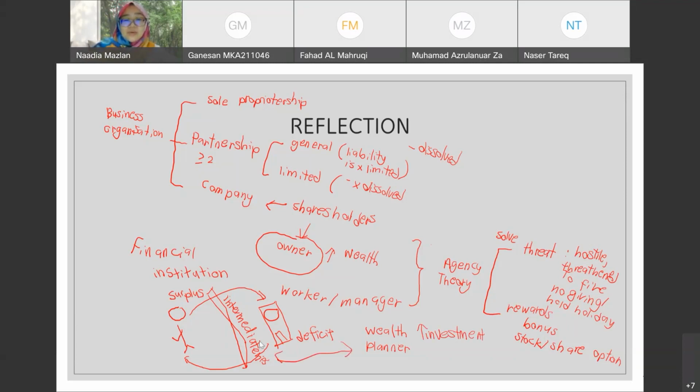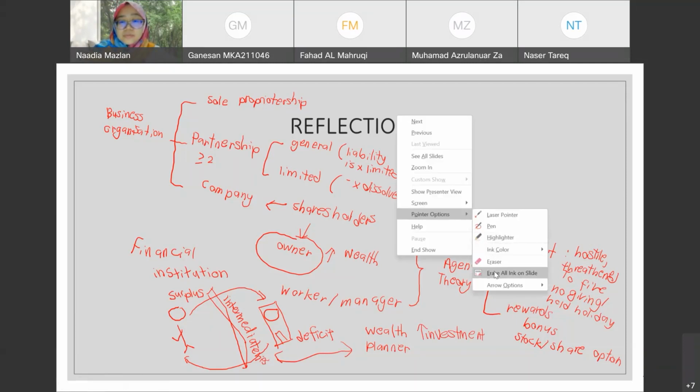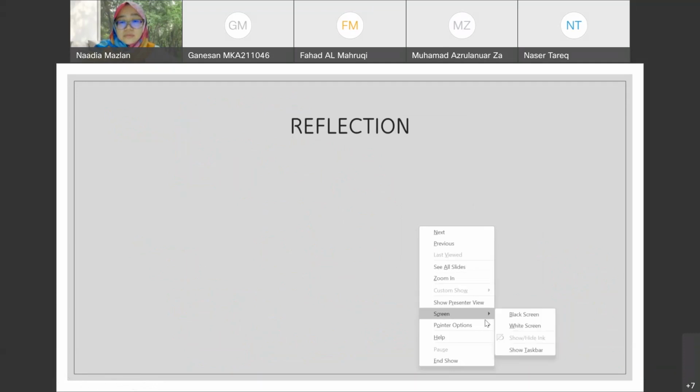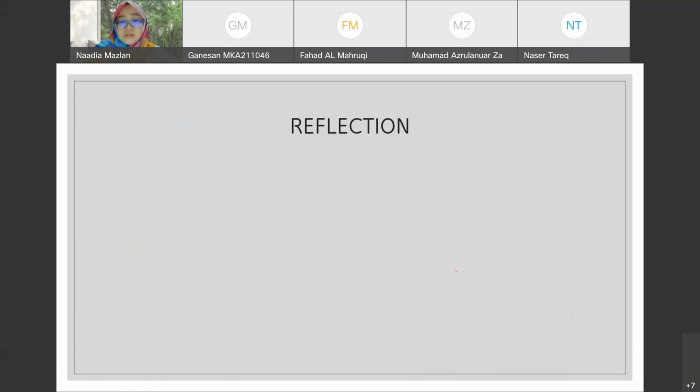Okay, so that is in our second week. In our third week, what did we learn? We learn about financial statement. And financial statement can be divided into 4. However, we only look at 3 of it.